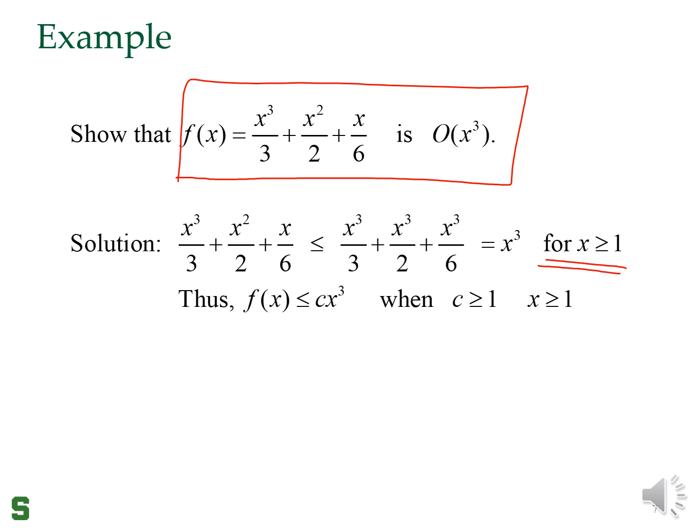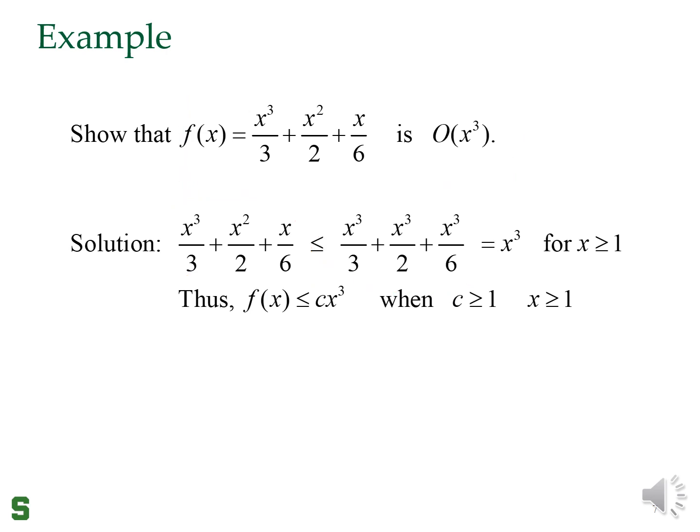That means f(x) is less than the expression where I have replaced x squared and x by x cubed. Now if I add this up, these terms add up to x cubed, and that means I can set c equal to 1 and k equal to 1, and I can show that f(x) is less than or equal to 1 times x cubed whenever x is greater than or equal to 1. And that means f(x) is big O of x cubed.